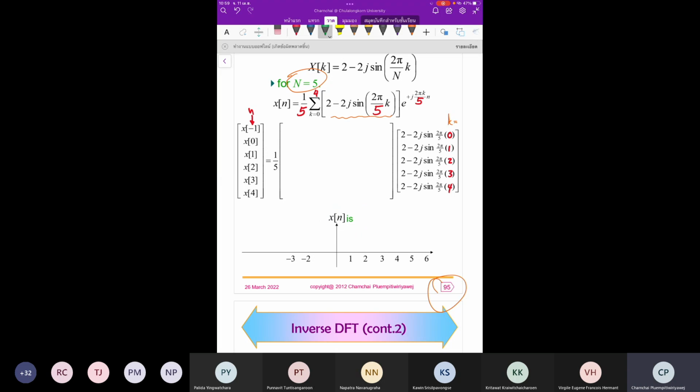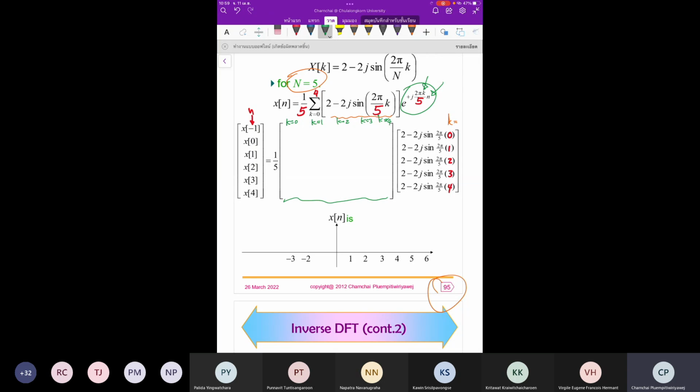This matrix has both k and n. Remember, k is multiplied with the vector on the right-hand side, so k goes from 0, 1, 2, 3, to 4.